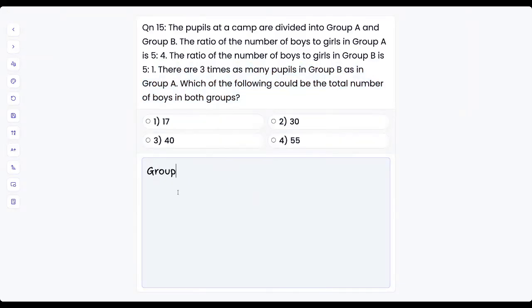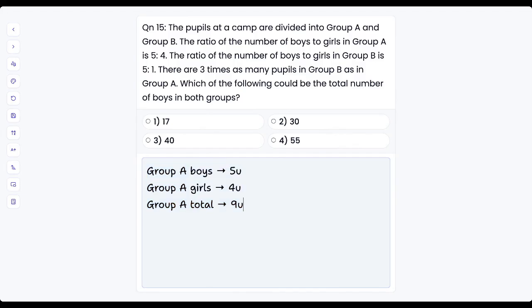Okay, so we have group A boys is equal to 5 units. Then group A girls is equal to 4 units. And then group A total is equal to 9 units.